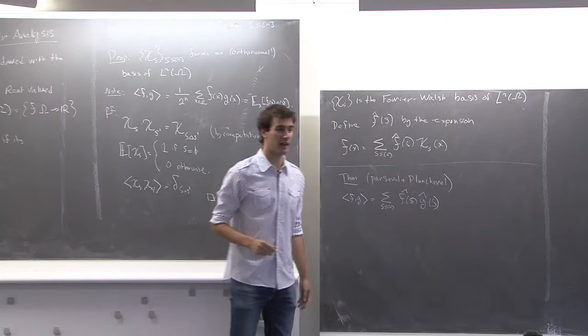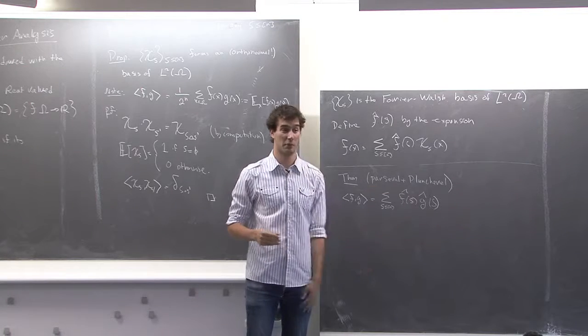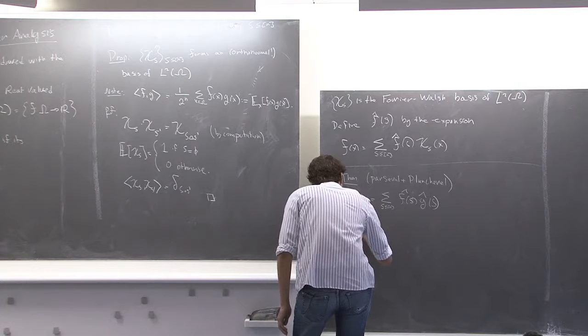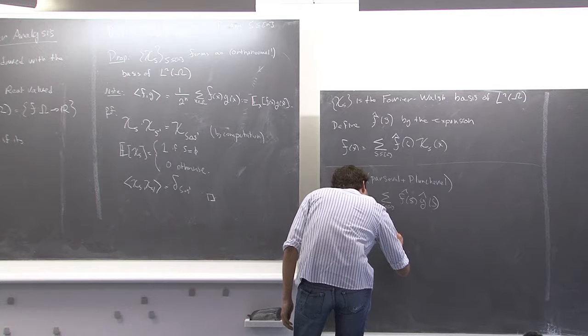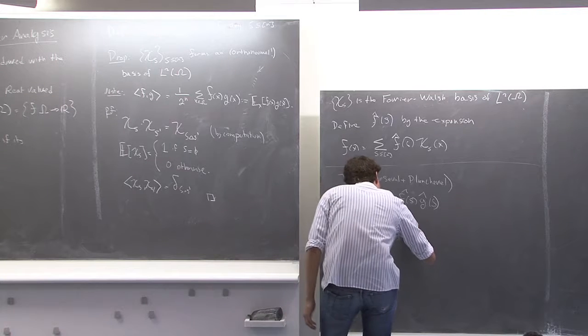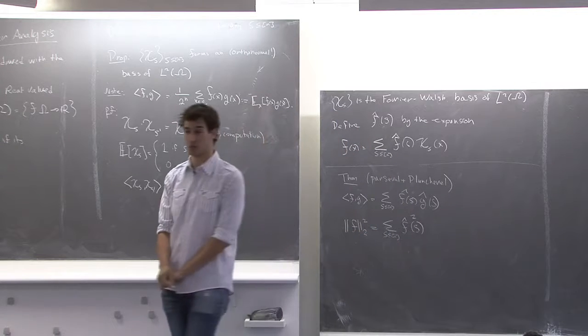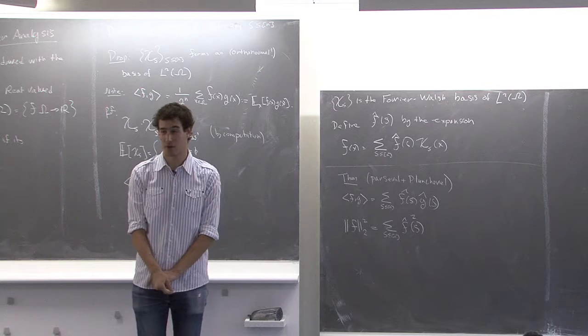If I want an expected value of an inner product of two functions, I can just sum up its Fourier coefficients, and therefore I can also compute the L2 norms. Nothing too exciting. This is true for any orthonormal basis.